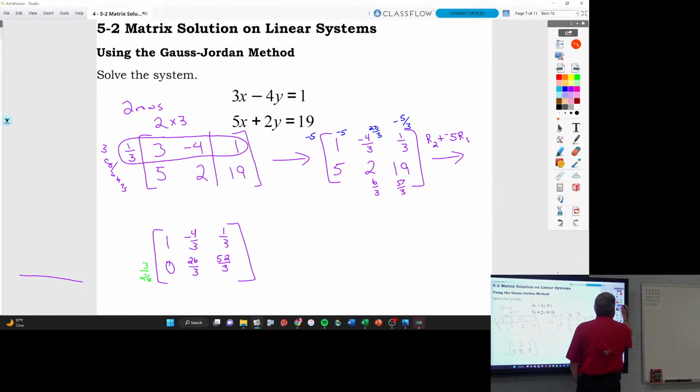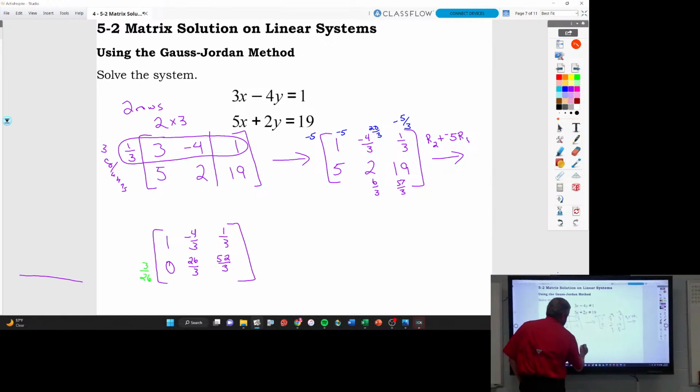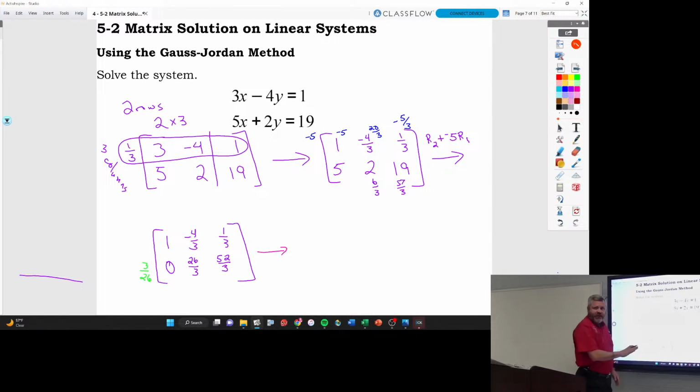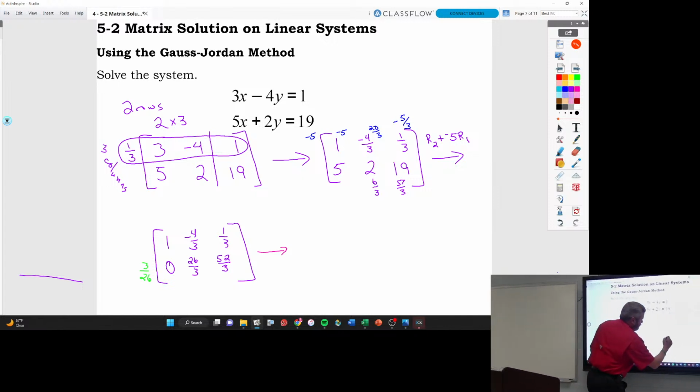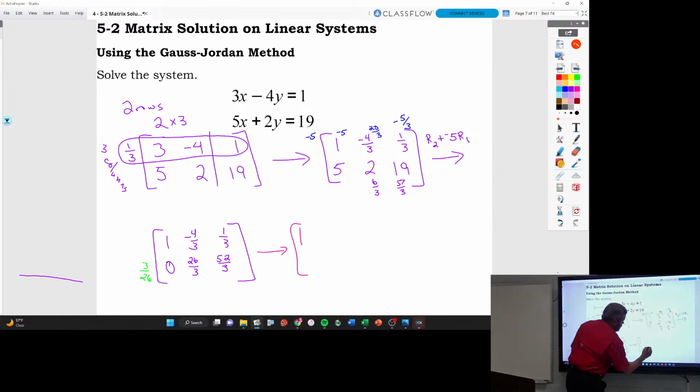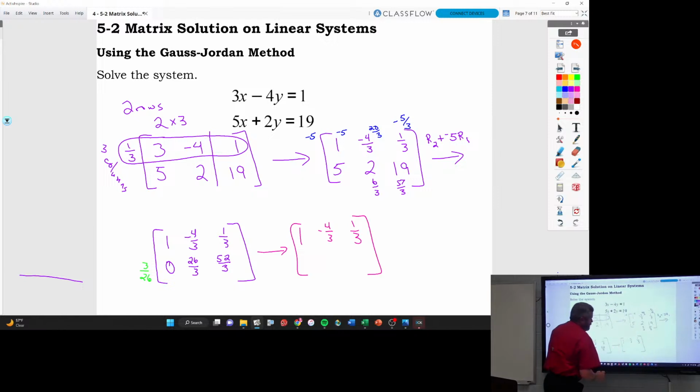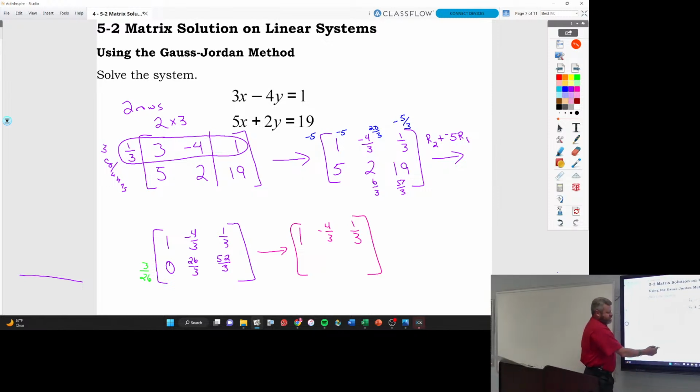All right. So I haven't done anything to row 1, so I'm just going to keep row 1: 1, -4 thirds, and 1/3. Now row 2 is being multiplied by 3/26.